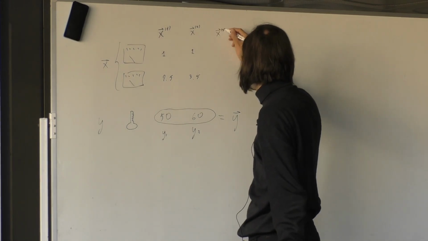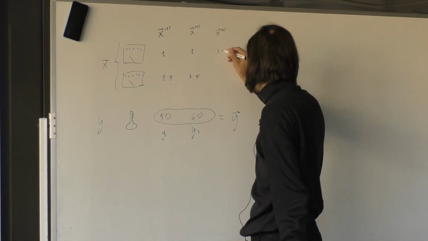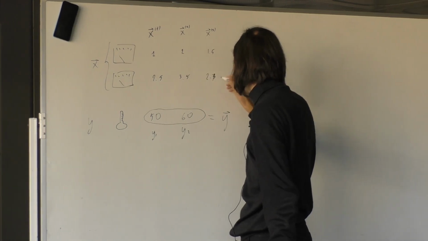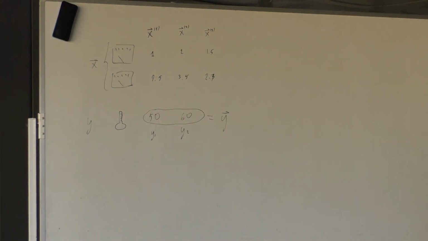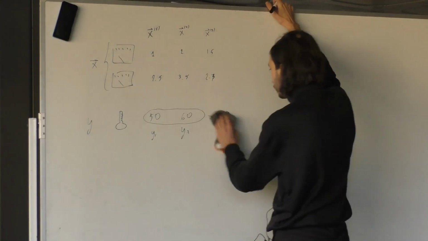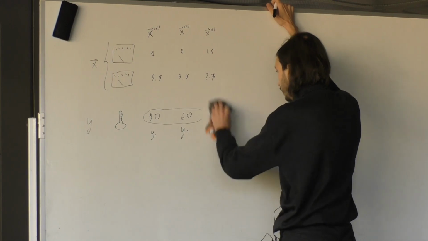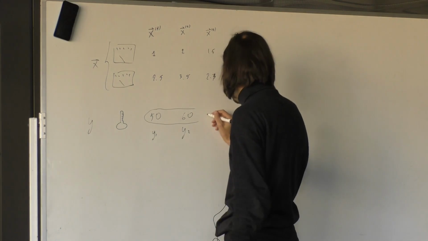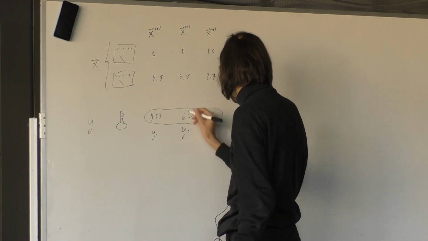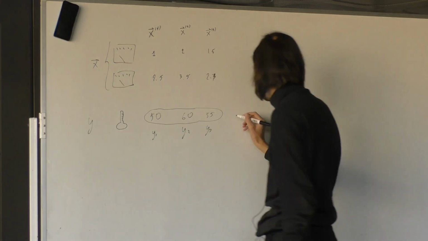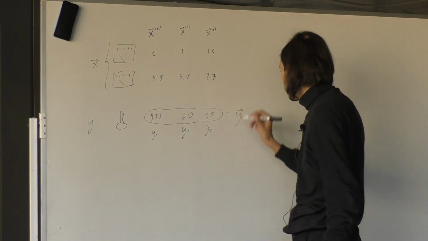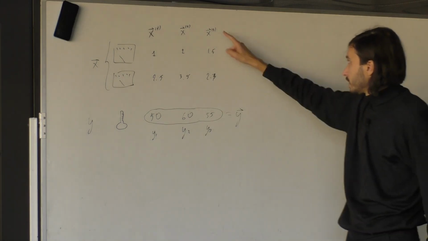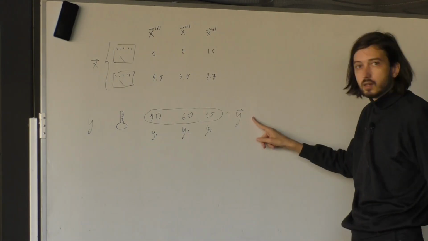For example, here will be x3, let's say 1.5, 2, and y3, let's add 55. So now you see that the number of components in X's and in Y are different.